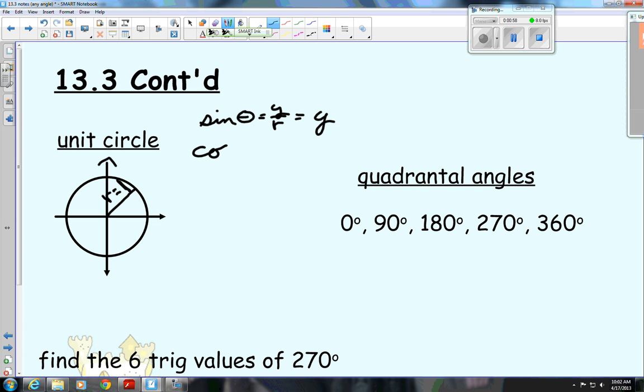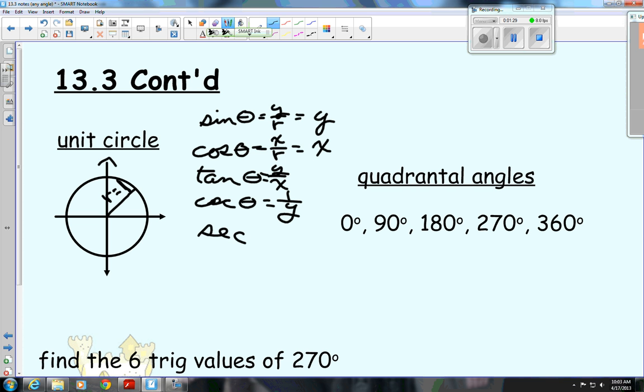So the cosine of theta was x over r. Now, since r is 1, that simply becomes x. The tangent is still y over x. That didn't change. The cosecant is 1 over y now because it's the reciprocal of y.